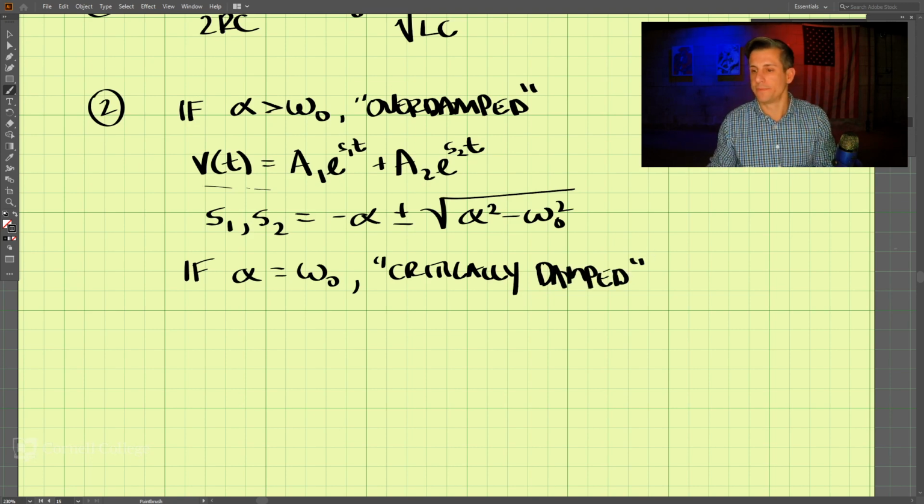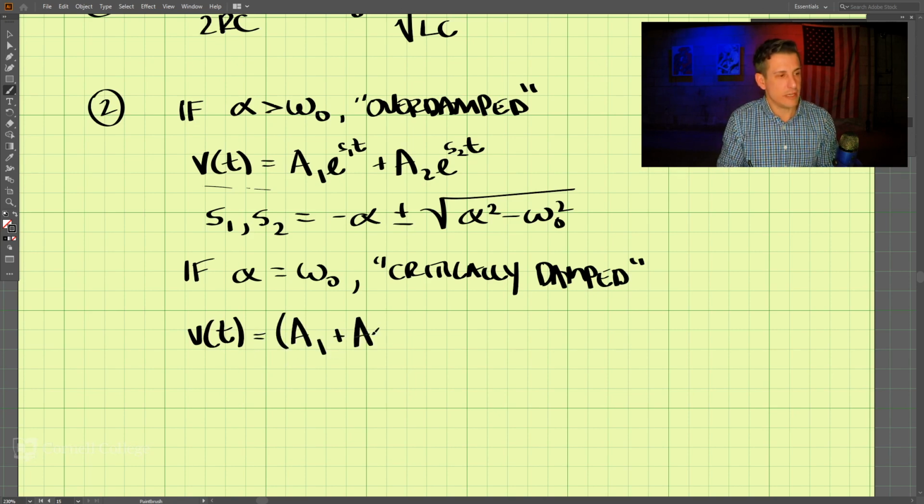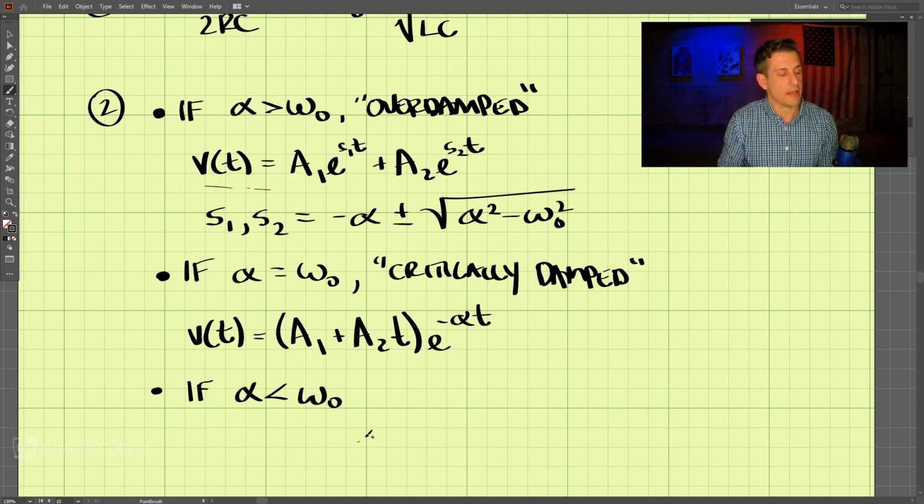And for the critically damped case, we get the voltage at time t is equal to A1 plus A2t times e to the negative alpha times t. All right, so this is the first one. This is critically damped. And then the last one we have, if alpha is less than omega naught.